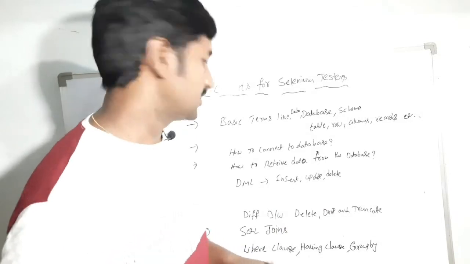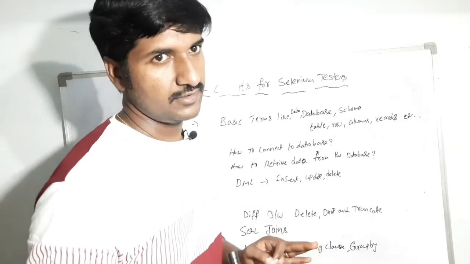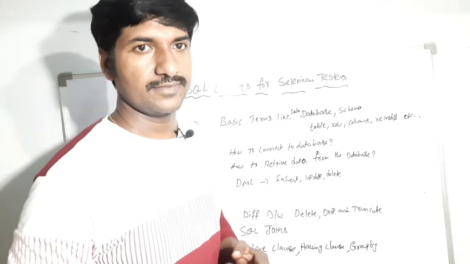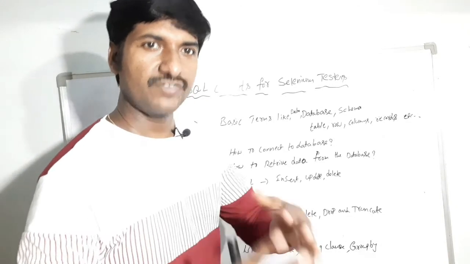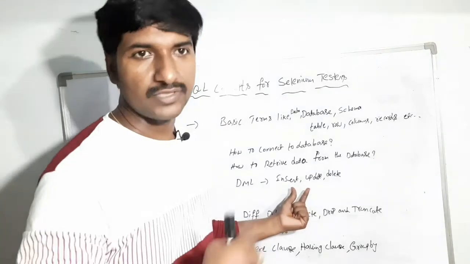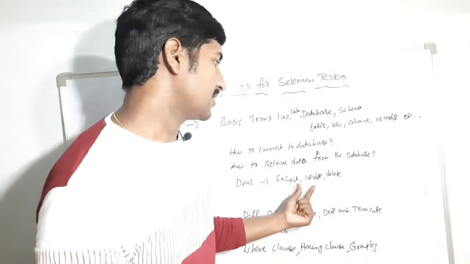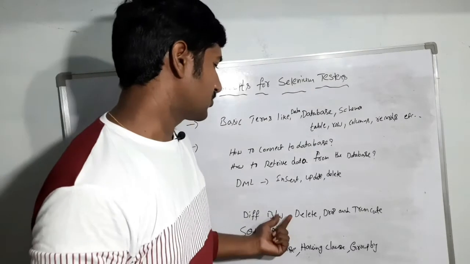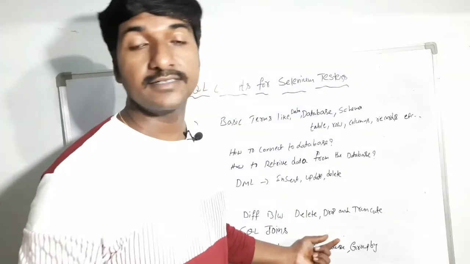This is a very important SQL concept for Selenium automation test engineers. You frequently use these commands to insert and update data. From the interview point of view, they may ask what is the difference between delete, drop, and truncate.